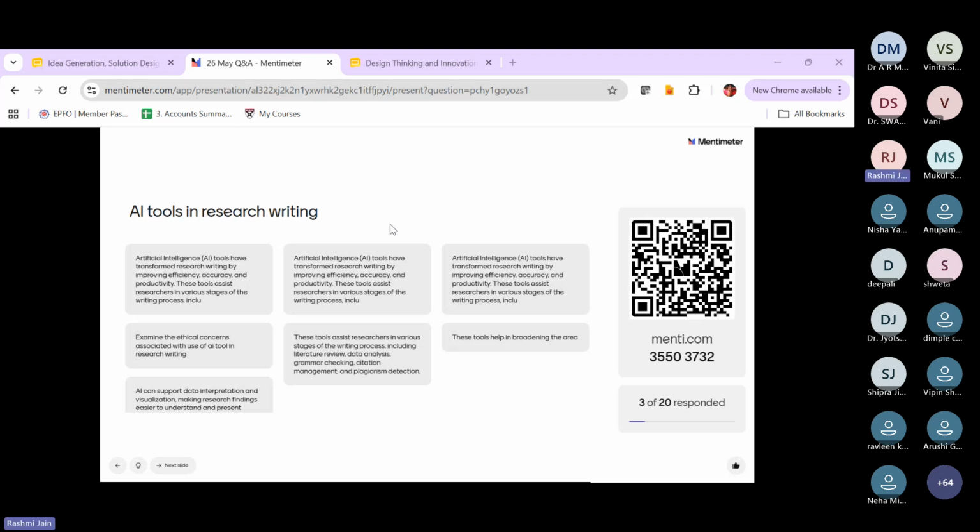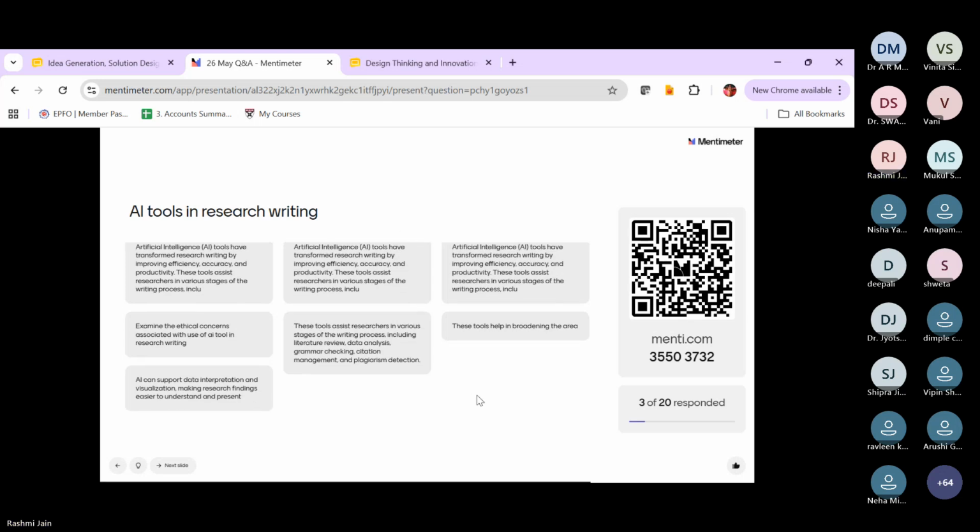AI can support data interpretation and visualization, making research finding easier to understand and present. Please avoid writing these long statements when you are working on your research topic.